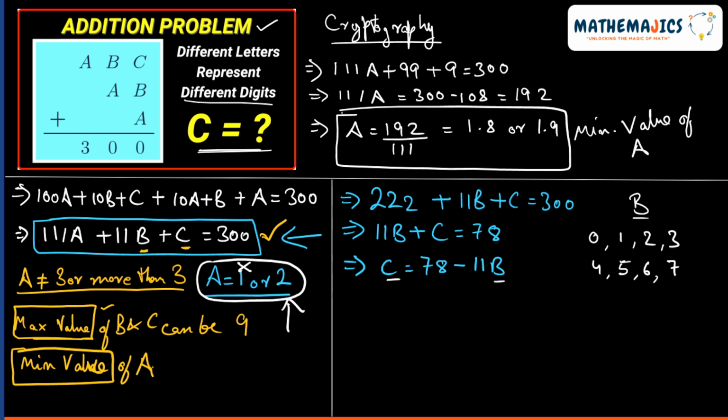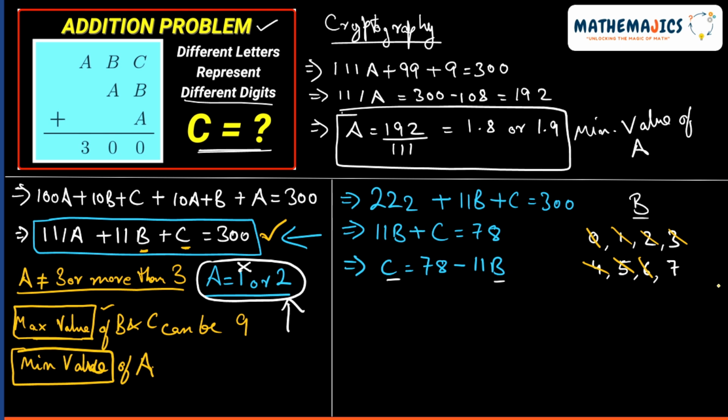Out of all these values, we can't use 0, because if B is 0, I will get C as a double digit number, 78. That is not possible. Similarly, I can't use 1, 2, 3, 4, 5 or 6, because I will get C as a double digit number, and all letters represent single digit numbers here.